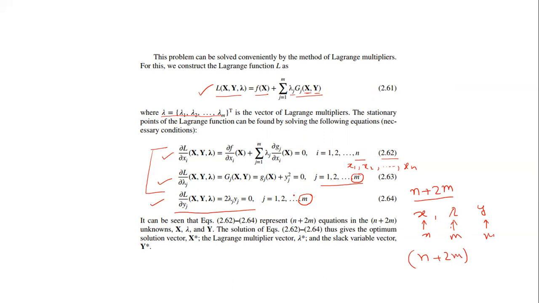We assume this solution to be our optimum solution vector, which gives us x star, lambda star as well as y star.